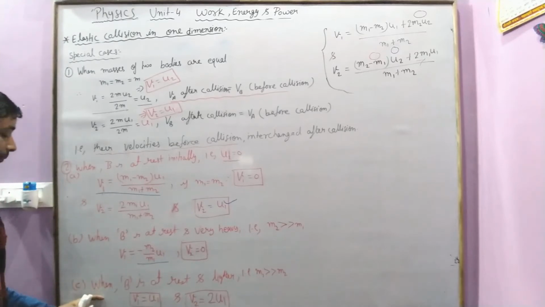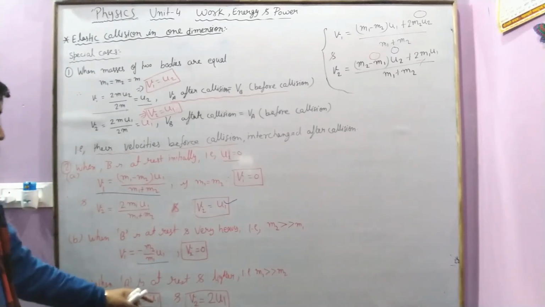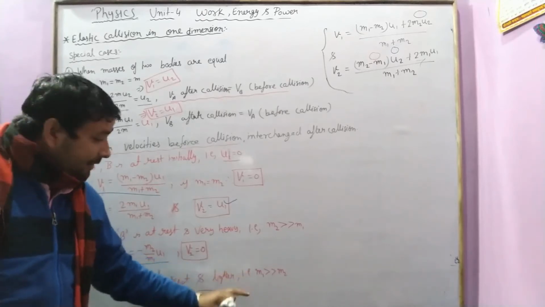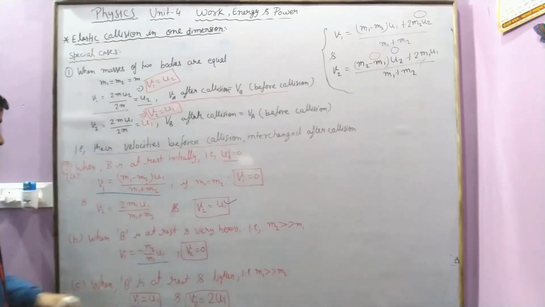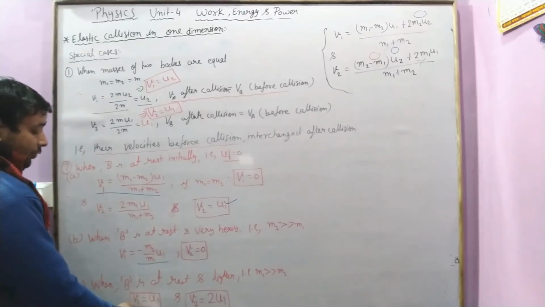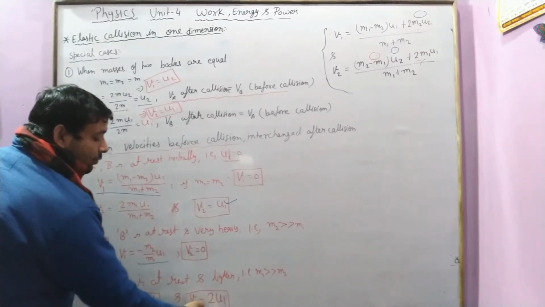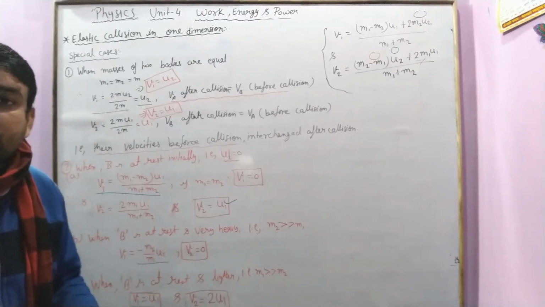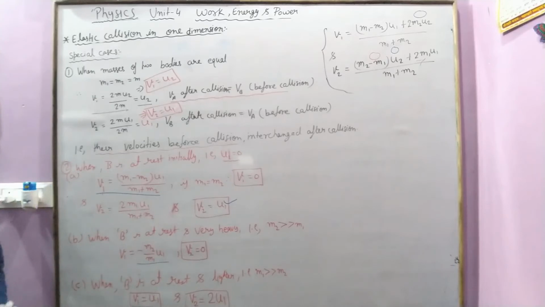And when B is at rest and very light in comparison to the first, in this case v1 is equal to u1 and v2 is equal to 2 times the initial velocity. These are the special cases of elastic collision in one dimension.